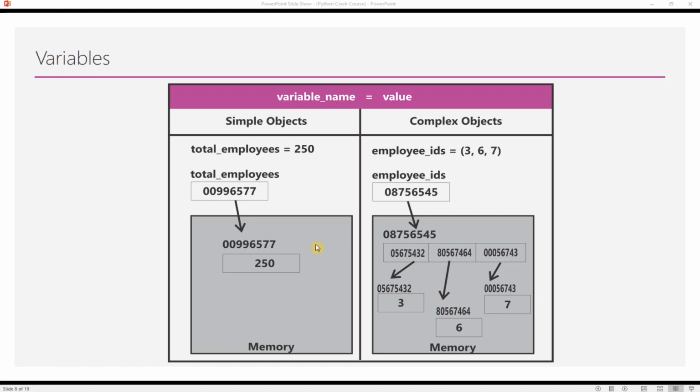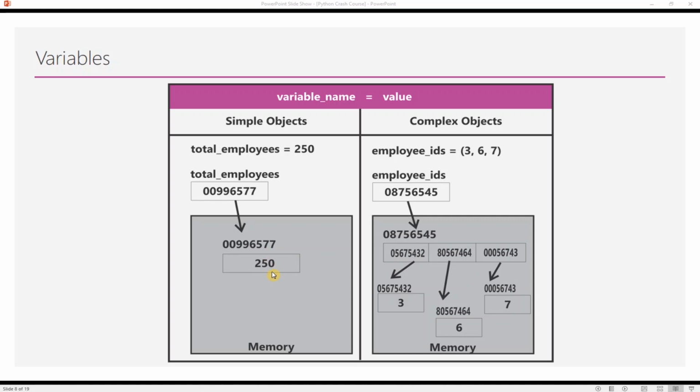It is evident from the picture that a value of 250 is stored somewhere inside memory, and that each value stored in memory has some address assigned to it. Just to give you a rough idea, consider the memory address as 00996577, which gives identity to the value 250.